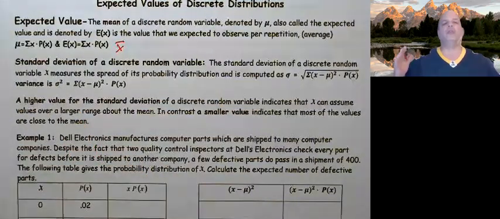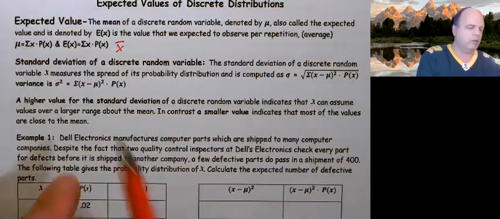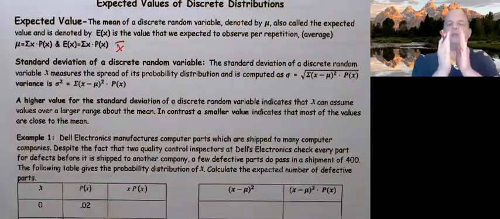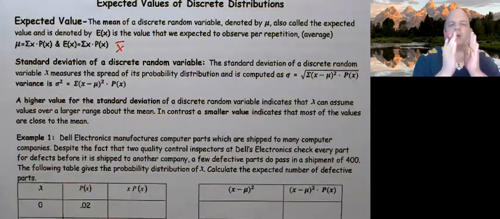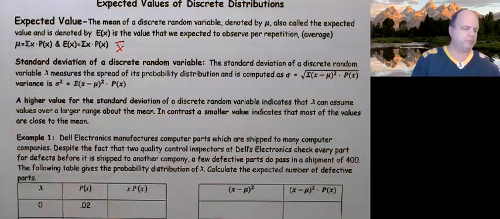The larger the standard deviation or the larger the variance, the more spread out the values are, the farther they are on average from the mean. A small standard deviation means the data is really close to the expected value, close to the mean. It's not really spread out. A really large standard deviation or variance means the data is very spread out.